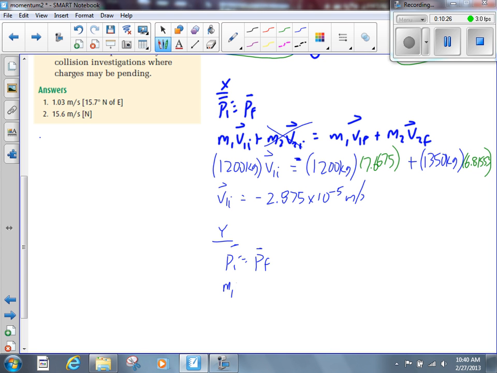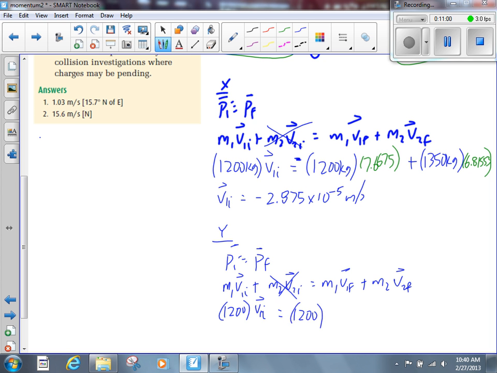We've got two objects before, m1 v1I plus m2 v2I equals two objects after, m1 v1f plus m2 v2f. M1 is 1200 times v1I. v2I is again 0 because we're told that it's at rest. M1 is 1200.